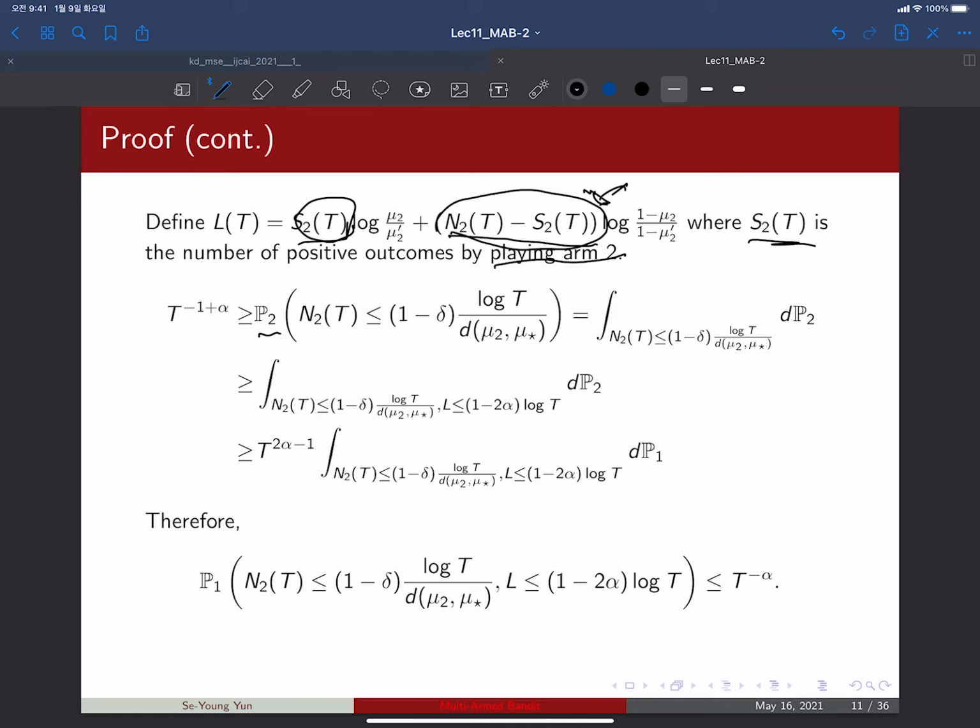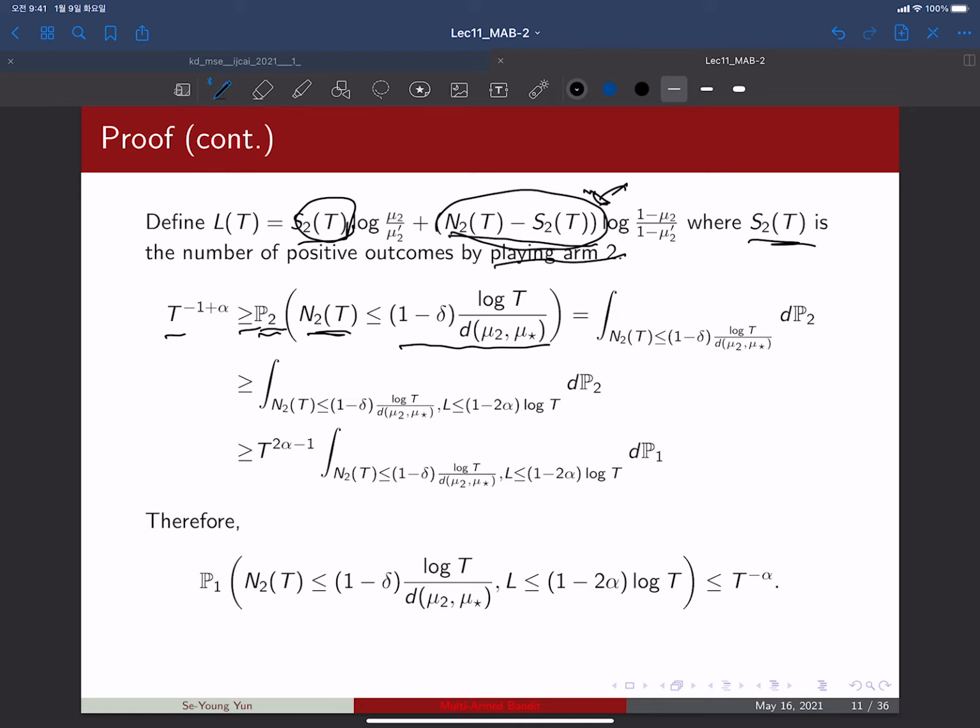We have this result: the probability that n_T is less than or equal to (1 minus delta) log t over d(mu2, mu star) is less than t to the minus 1 plus alpha, from the previous slide.